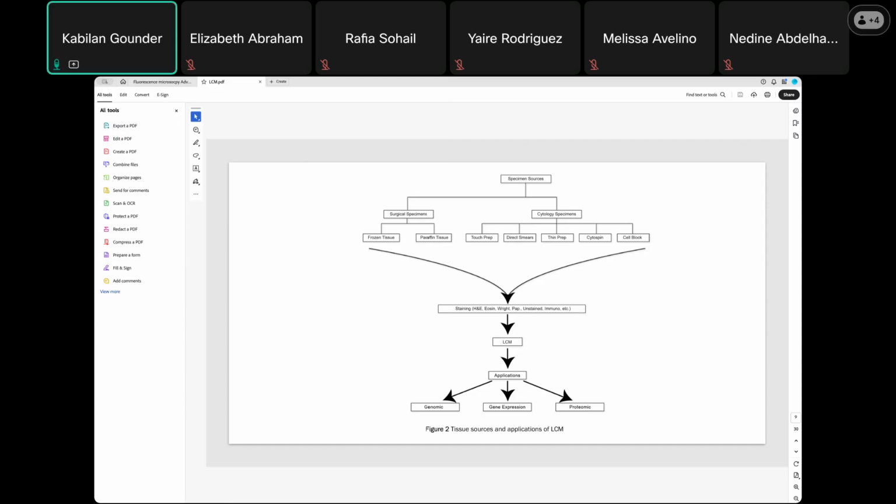So that is the goal, and these are the targets, your specimens. Once you stain them, you use laser capture microdissection to isolate single cells from the heterogeneous mass of cells. Once you isolate the cells, what are you going to do with that?